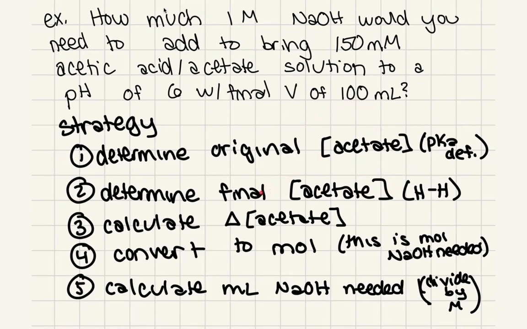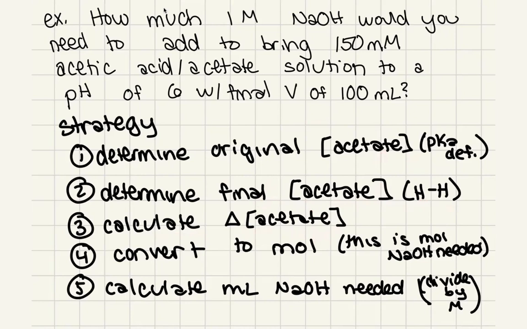But we do want to know what's the final concentration of acetate that we need, and we can do this using our Henderson-Hasselbalch equation. Then we're going to calculate the difference in the concentrations of acetate between our final that we got from the Henderson-Hasselbalch and the initial that we got just from the pKa.